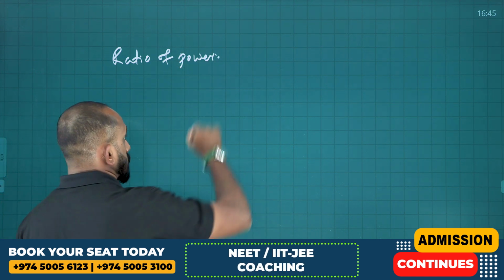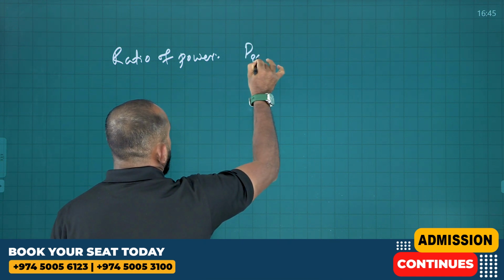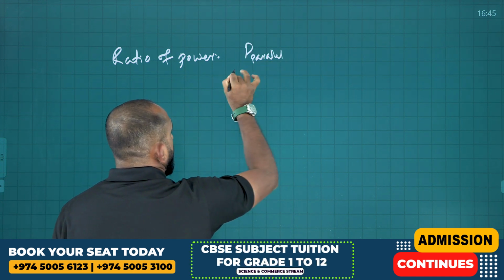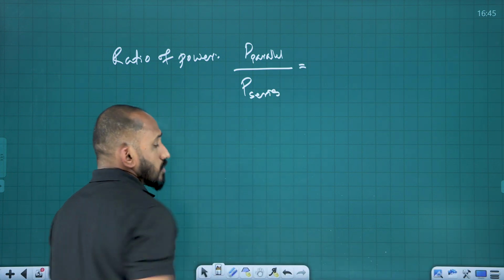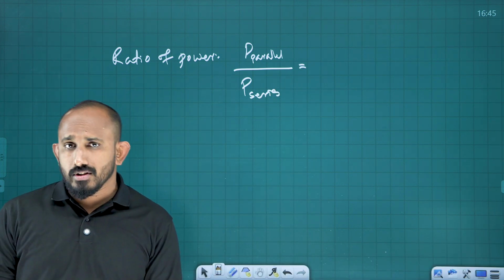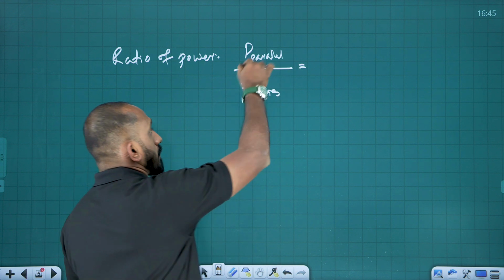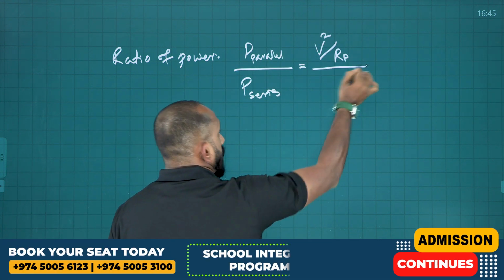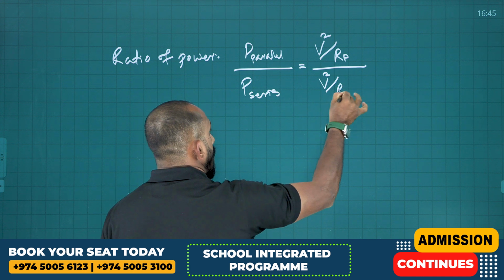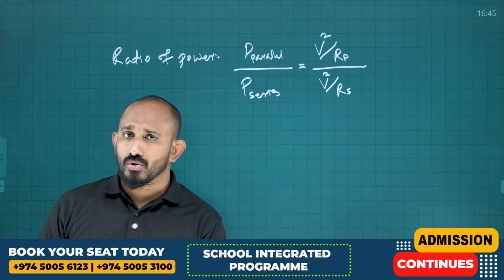So minimum power means power in parallel circuit divided by power in series circuit. So in both the 6 volt battery is there. So you can use the equation for power as V squared divided by RP, divided by V squared divided by RS. This will be the ratio.